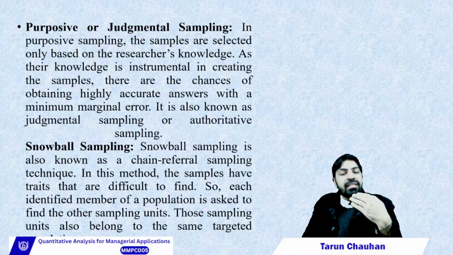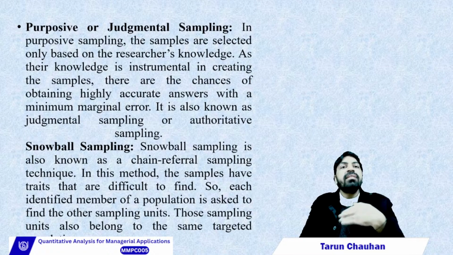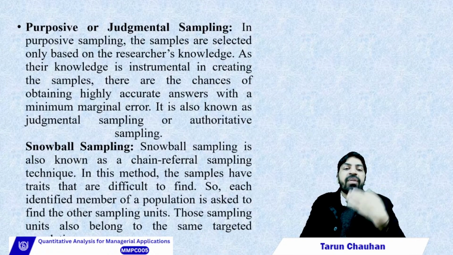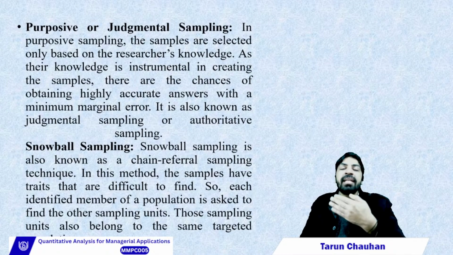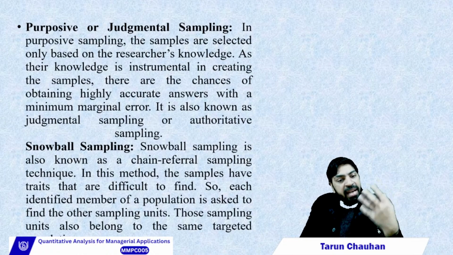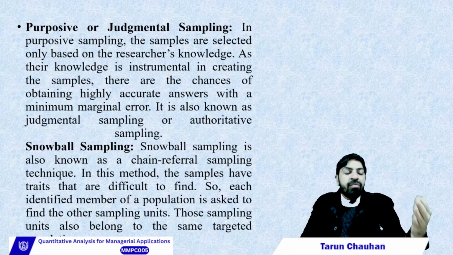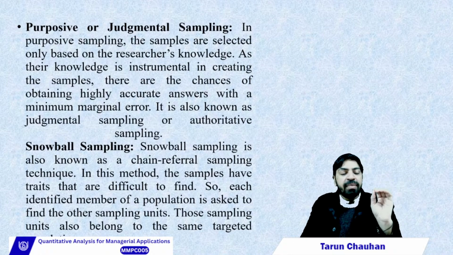Each identified member of the population is asked to find other sampling units, that means their friends, relatives, and cousins, who become the sampling units. The researcher collects from these other sampling units, which always belong to the target population selected by the researcher, and that's called snowball sampling.